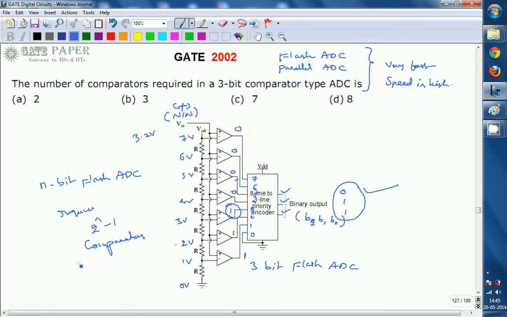So for a 3-bit flash ADC, 2 power 3 minus 1 is 8 minus 1, that is 7. The diagram also shows the same thing: 7 comparators and 7 resistors. The right answer for this one is C.